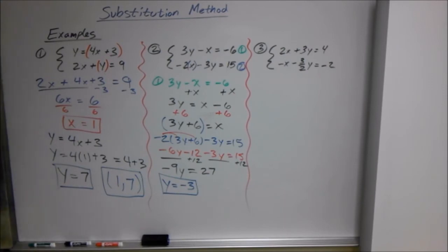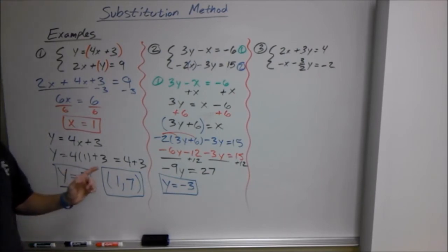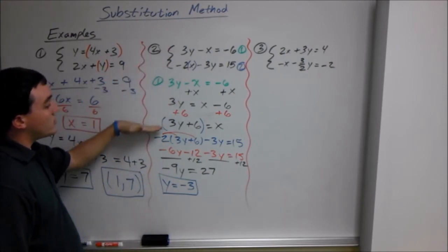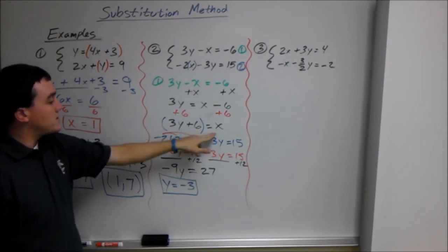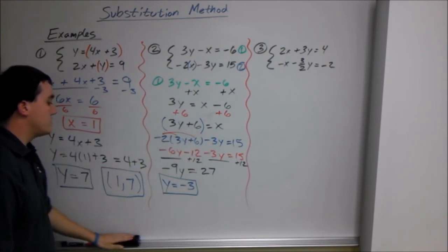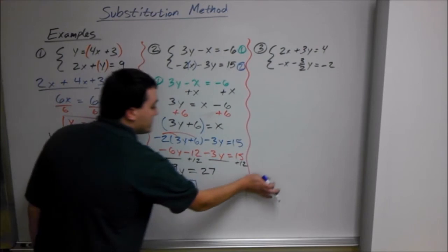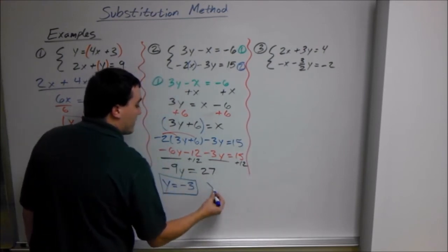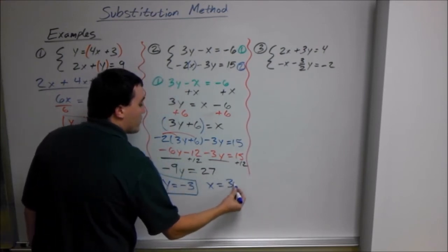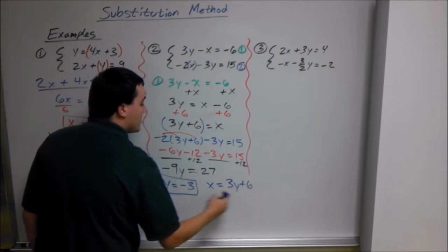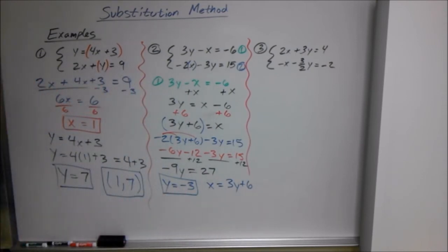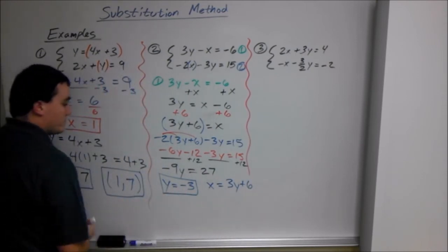Now we just need to find x. The easiest equation to use is actually the one that you solved for right here. We know x equals 3y plus 6. Just plug in negative 3 for y.